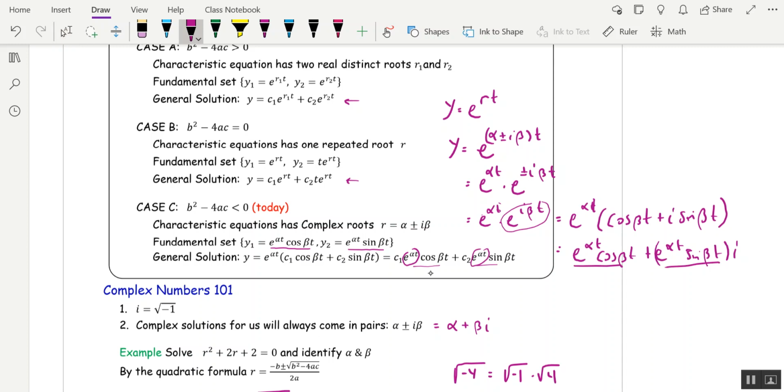So this is a solution and this is a solution. So I'm getting rid of the i and writing those down as my solutions. That's where the mysterious cosine beta t and sine beta t come from. They come from Euler's formula. And so they allow us to turn a complex root case into a real solution. All right, and that is the end of this section.